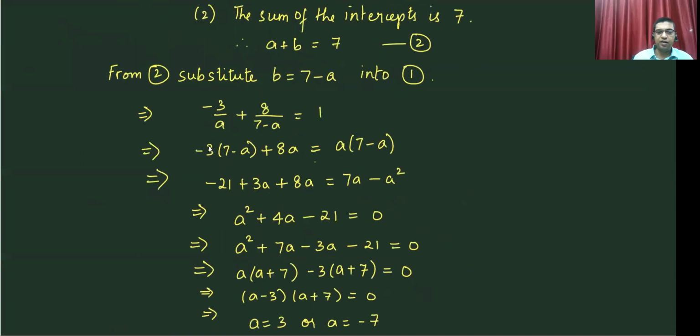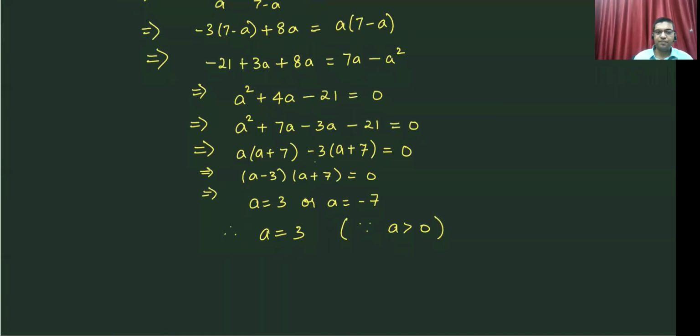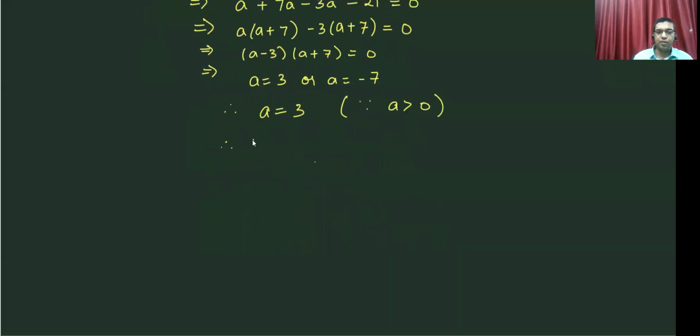Now what will be b? b is 7 - a. Therefore b = 4. What is the equation of the line?